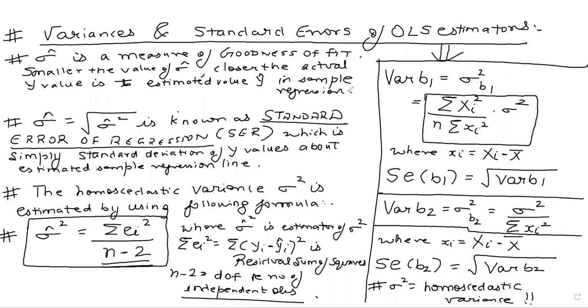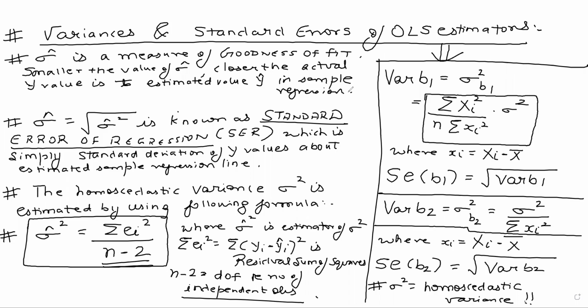So that model which has lower sigma hat is a better model. Why? Because the smaller the value of sigma hat, the closer the actual y value is to the estimated y value.